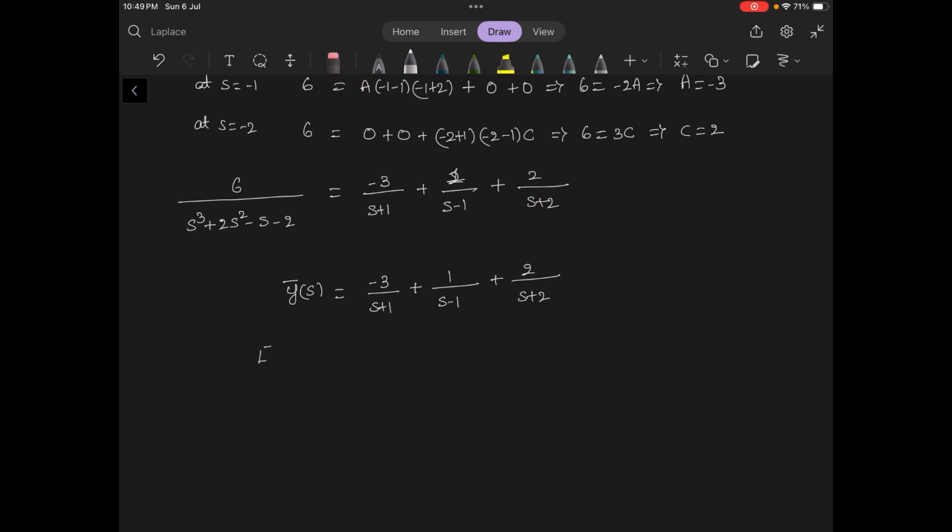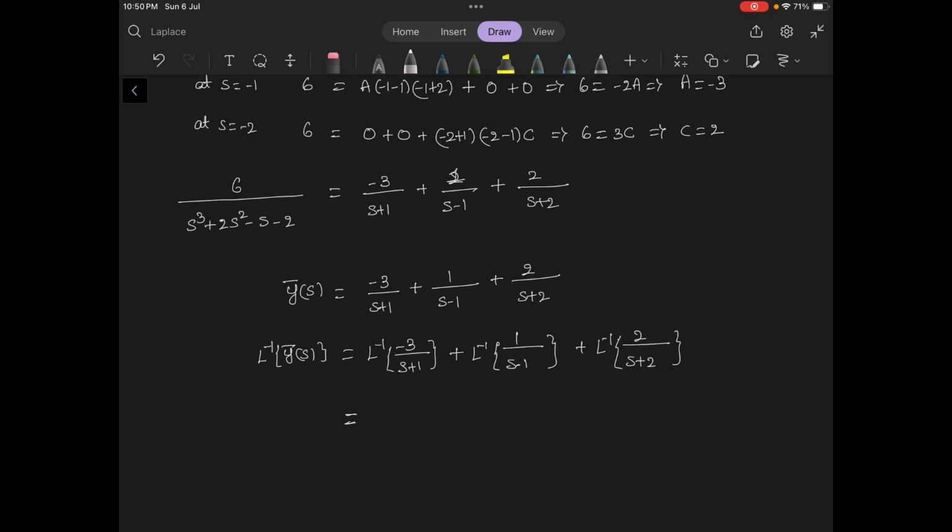So L inverse of y bar of s is equal to L inverse of minus 3 divided by s plus 1, plus L inverse of 1 divided by s minus 1, plus L inverse of 2 divided by s plus 2.